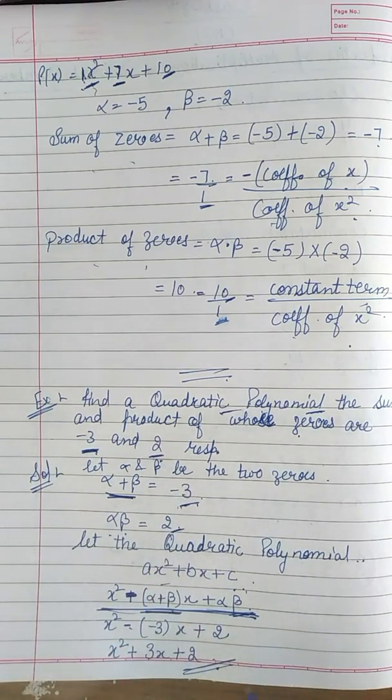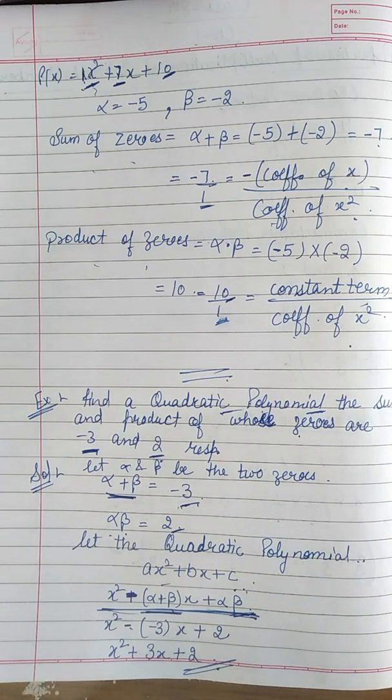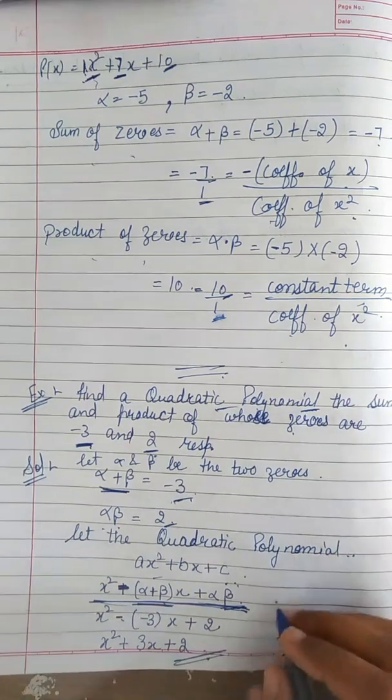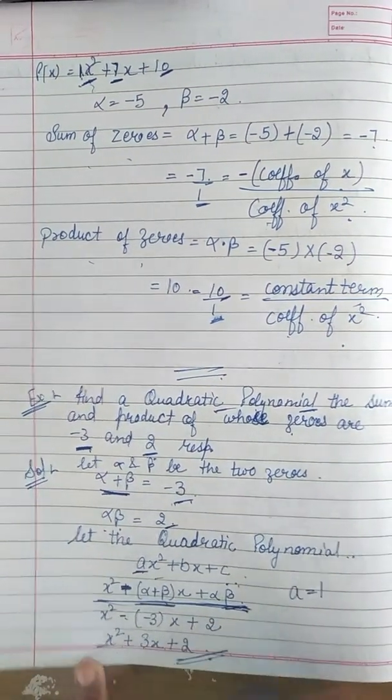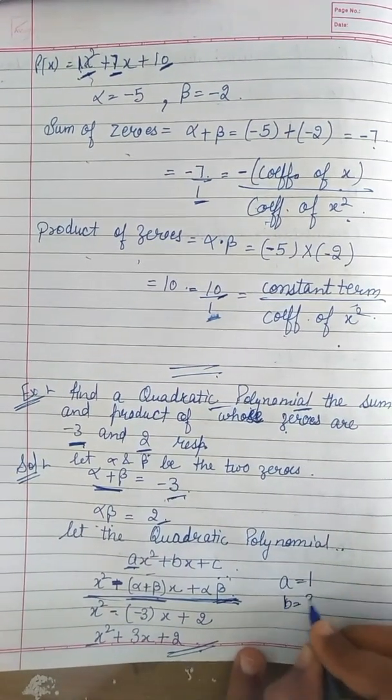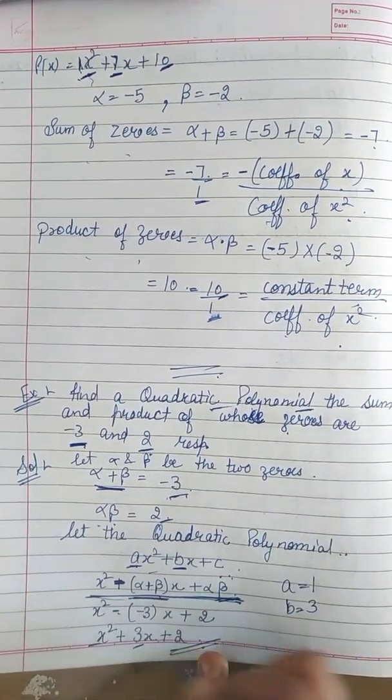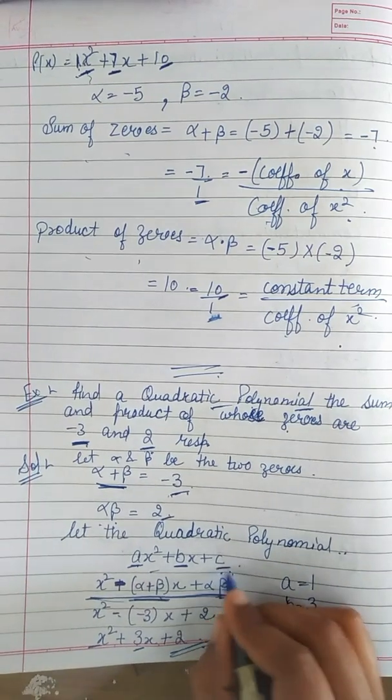So in this way we can find quadratic polynomial if sum and product of zeros are given. Here value of a is 1, value of b is 3, and value of c is 2.